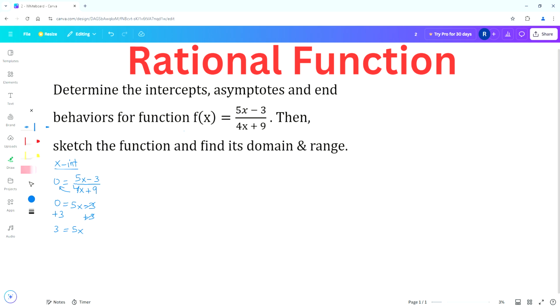Next, we can divide both sides by 5. I get x equals 3 over 5 or 0.6. We can write this x-intercept as an ordered pair as (0.6, 0) or (3/5, 0).